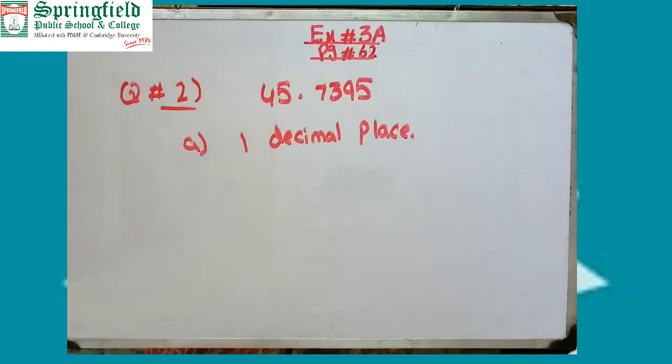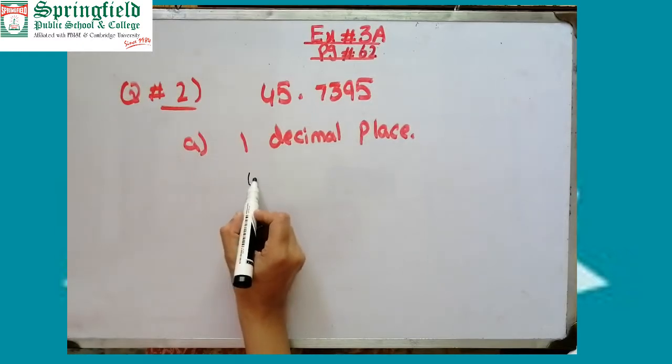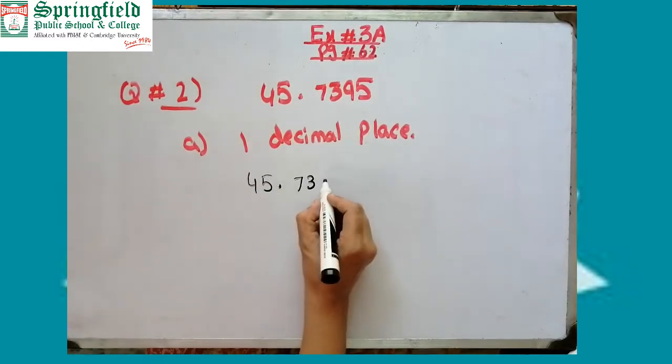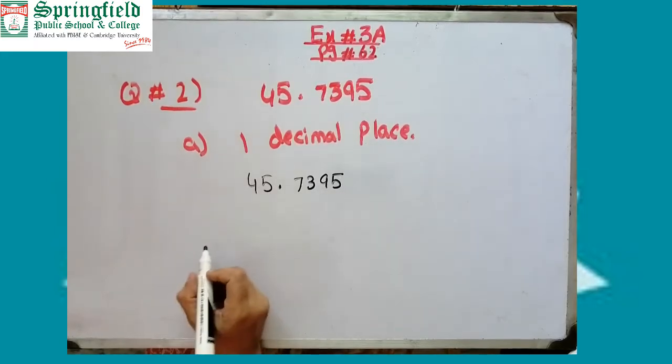One decimal place means after the digits just after the decimal points just one digit here. Fine. So 45.7395, this is a given number.